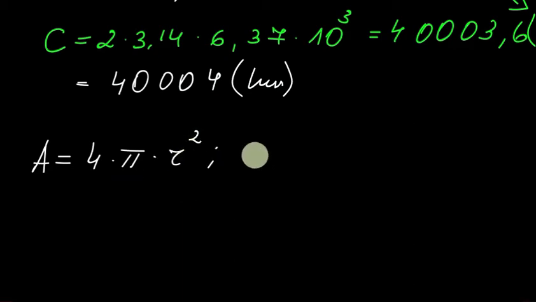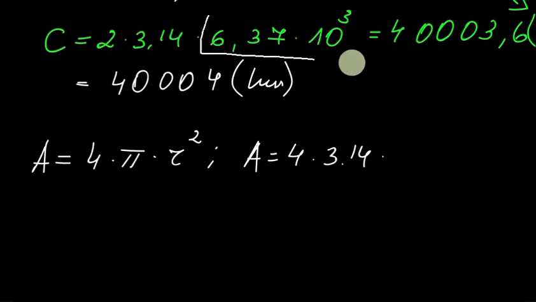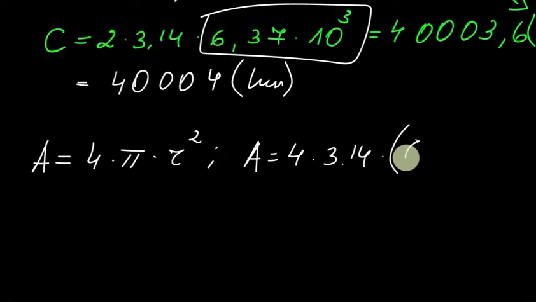So we need to plug our numbers in. So 4 times 3.14 times our radius, which is written here, 6.37 times 10 to the third power, square.